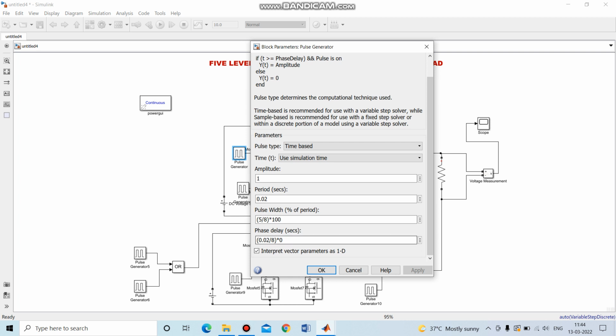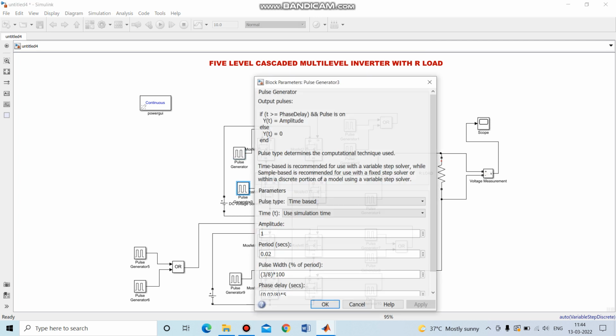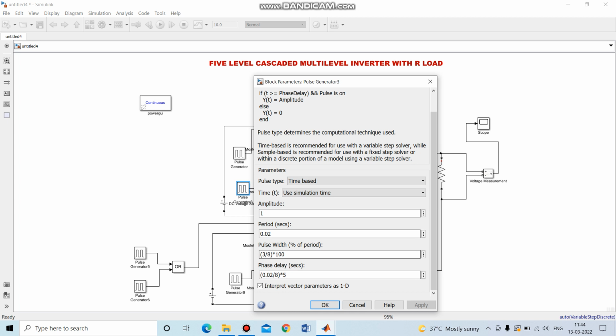Your supply frequency is 50, so 1/50 gives 0.02. Out of 8 switches we are dividing by 8 into 0. The first pulse generator is given 0. The next pulse should be given a period of 0.02 seconds, pulse width 3 divided by 8 into 100, then phase delay 0.02 divided by 8 into 5.